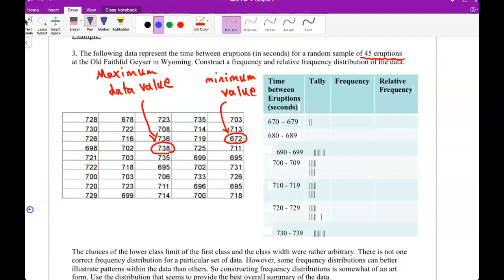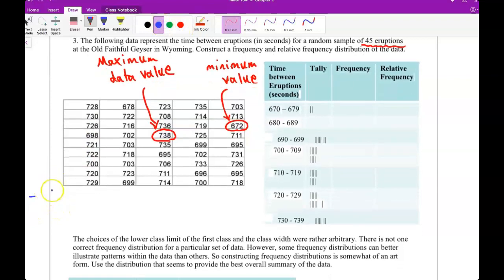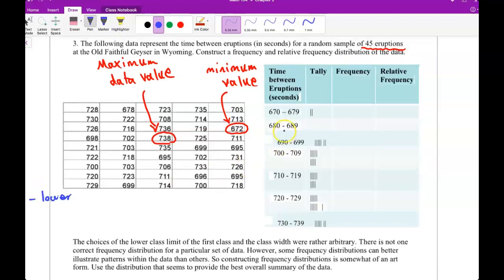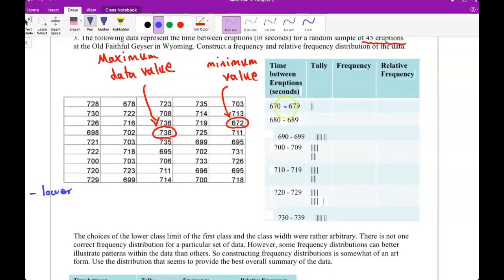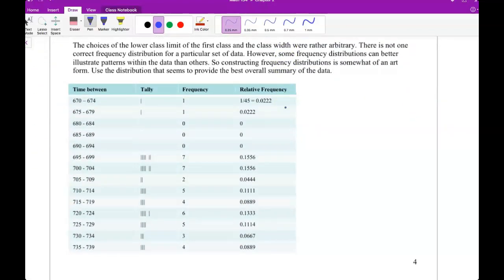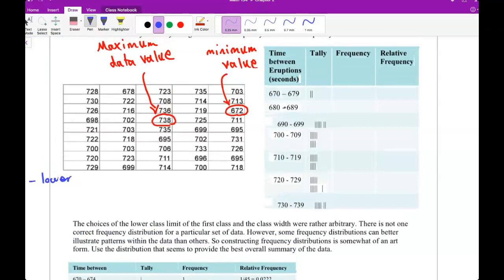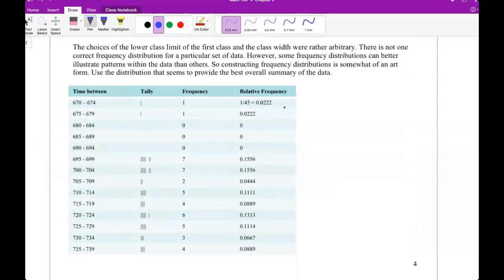The point is that when you want to construct all these classes, the lower class limit of the first class and the class width are arbitrary. What that means is you can choose a different class width to have different classes.